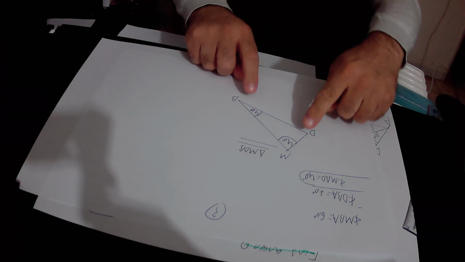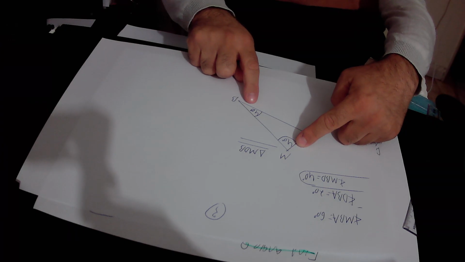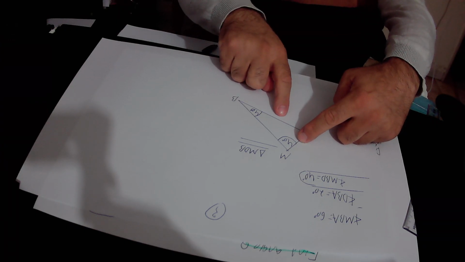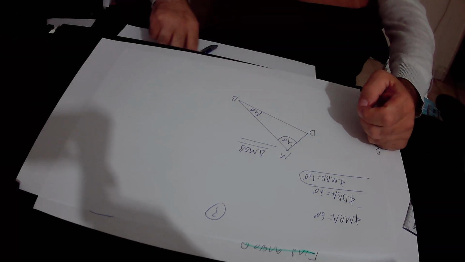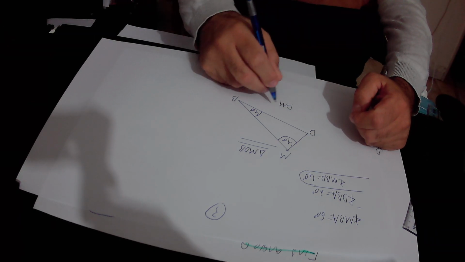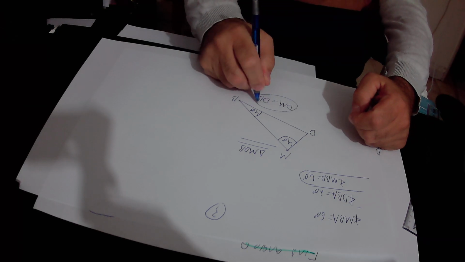Those two angles are equal to each other. According to the rule that opposite equal angles in a triangle are equal sides, those two sides must be equal. That is to say, side DM equals side DB.